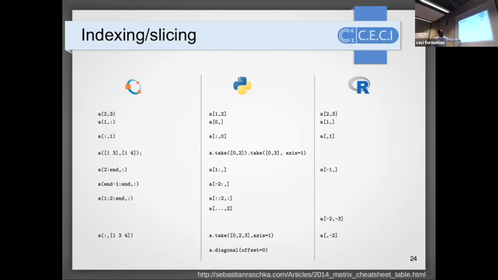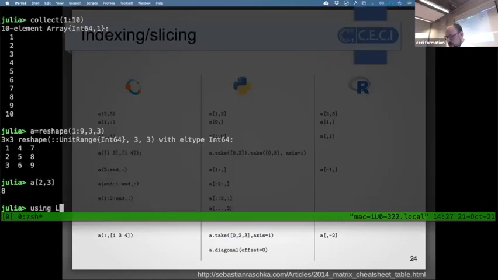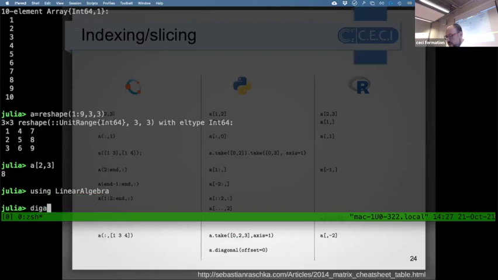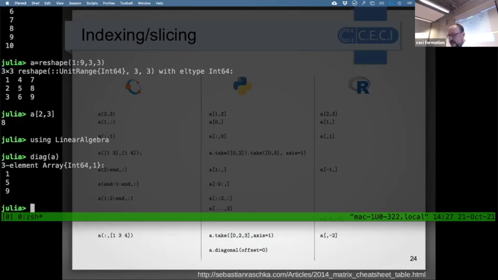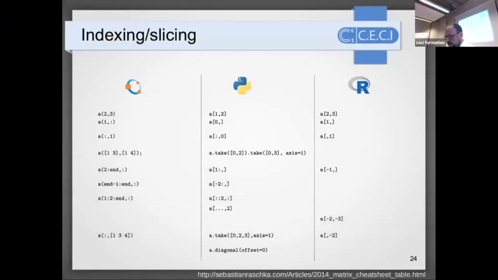It's a bit counterintuitive, but there is also a diagonal operator in Octave, and in Julia you need to use a specific module called LinearAlgebra, and then you can extract the diagonal with this simple function.